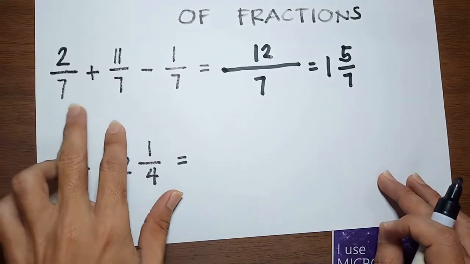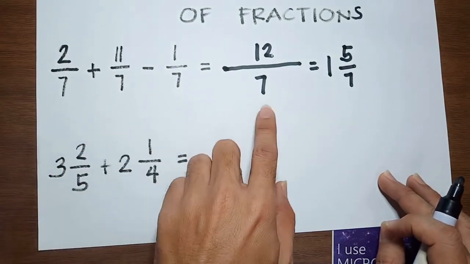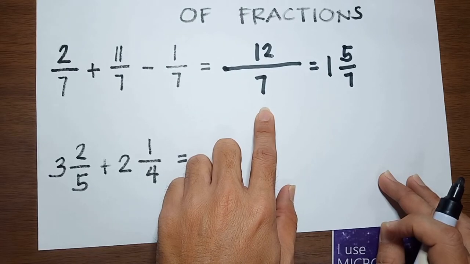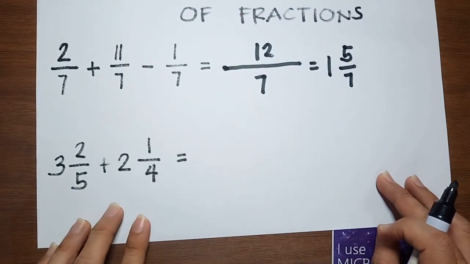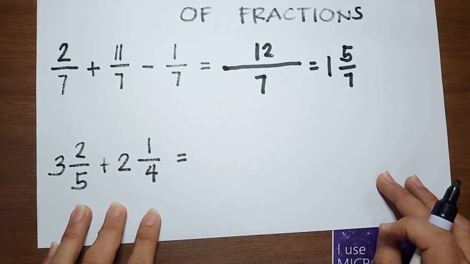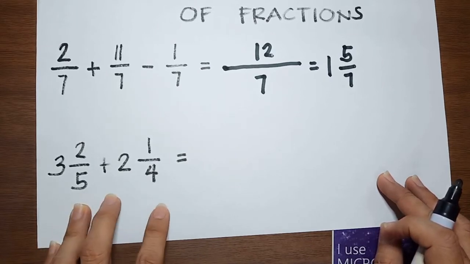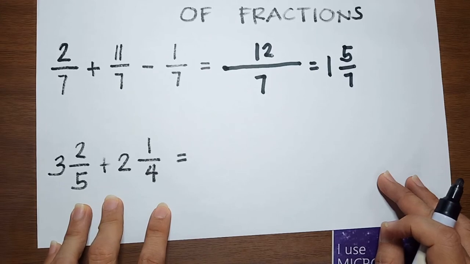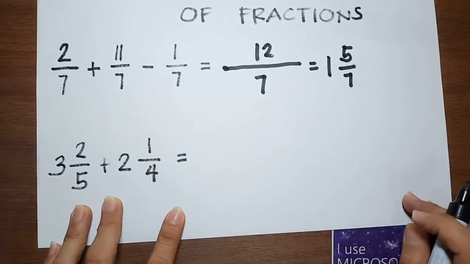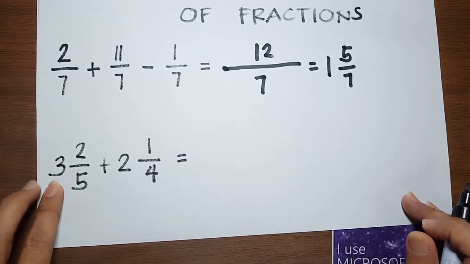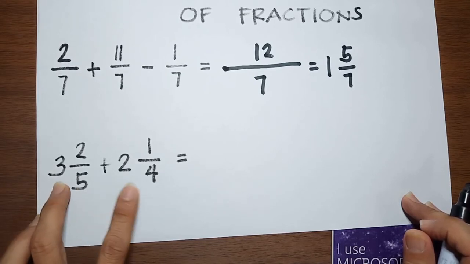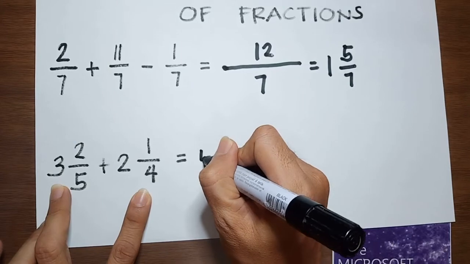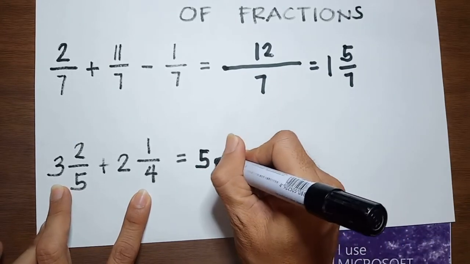Unlike the first example, where the fractions are similar and we simply copy the denominator, which is 7, for this example, since they are dissimilar fractions, we need to find the LCD between 5 and 4. For the whole numbers 3 and 2, we simply add. So 3 plus 2 is 5. Then the fraction.